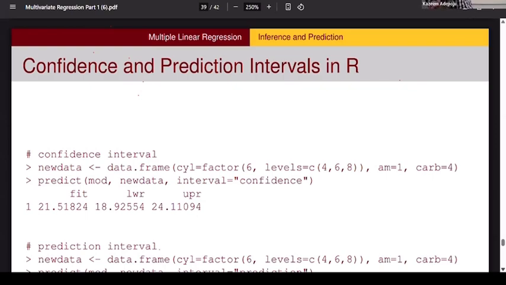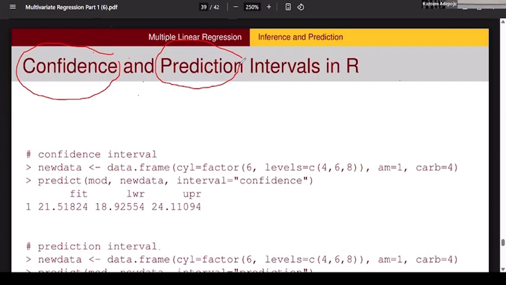But let me tell you this. In R, when you hear something like confidence interval, prediction interval, I want to distinguish them.